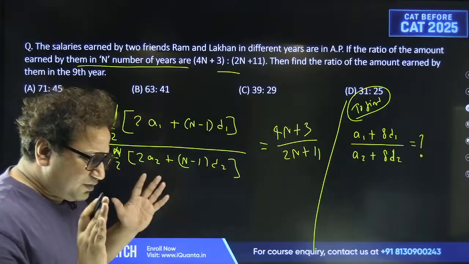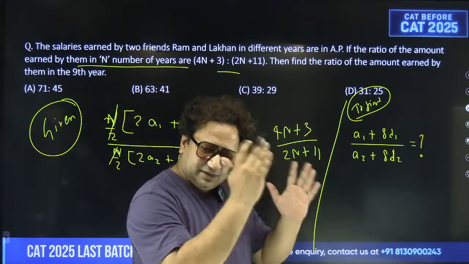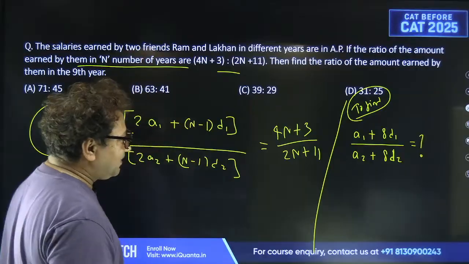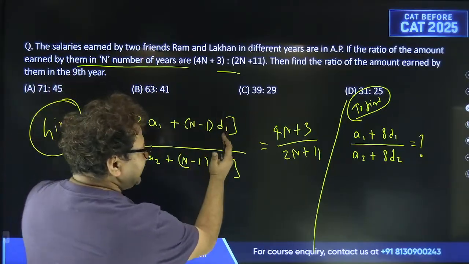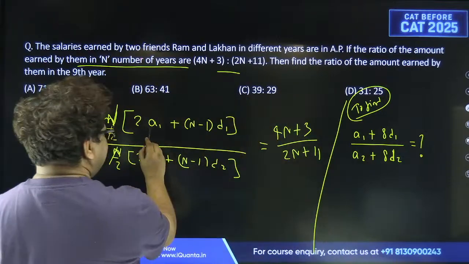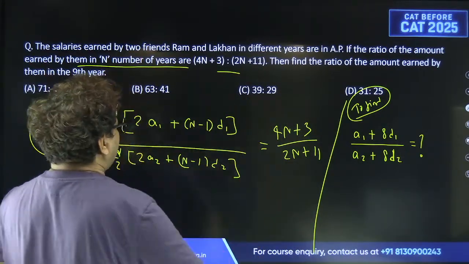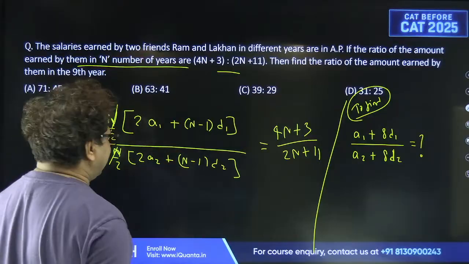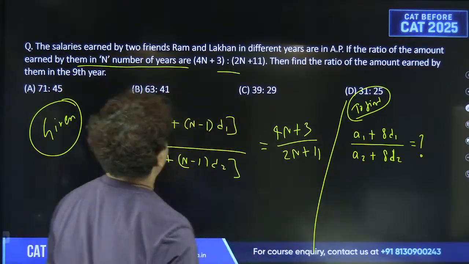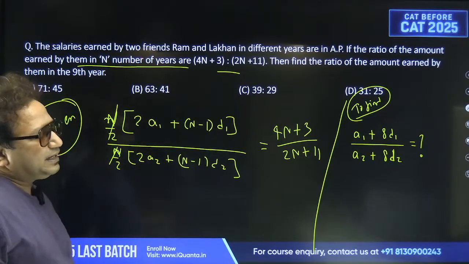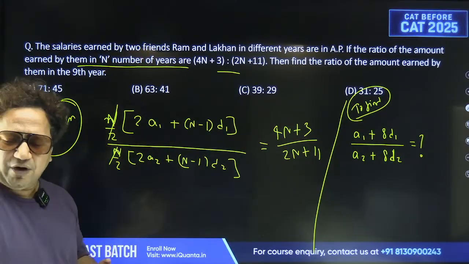So let us ignore that literary sense for a while, and let us look at the algebraic pattern. This is algebraic, this is algebraic. Here we have A1, there we have A1, A2, A2, D1, D2. All of it is there. The only problem is 2 and n minus 1. Okay, so if I want to compare this and this, I need A1 and A2 to have a coefficient of 1.